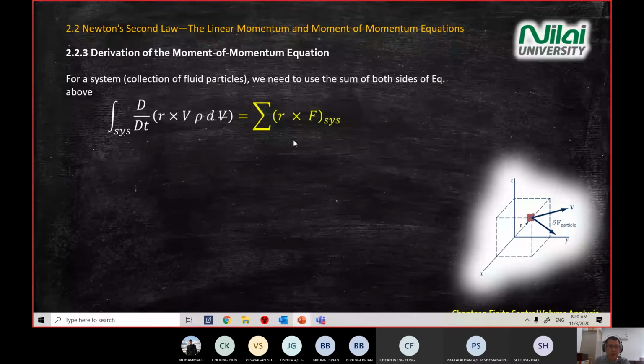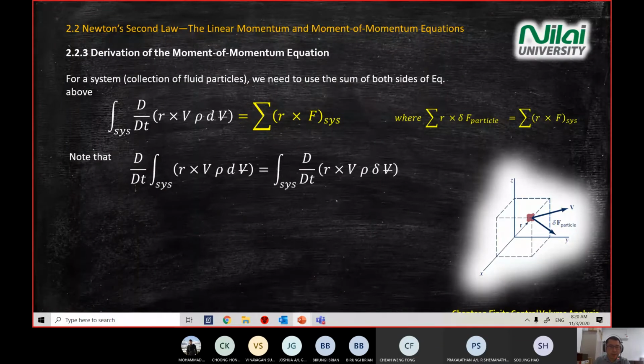Okay, now we have this equation just now. What does the left hand side also mean? When you pull the d over dt outside from the integration, it also means that in and out are actually the same, just that when you pull the differential outside, you have a different approach in your analysis.